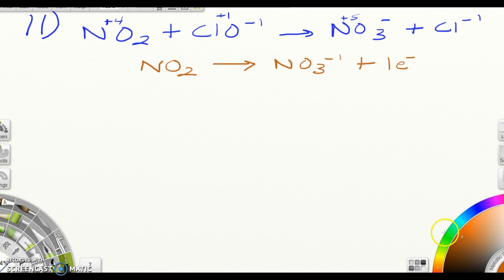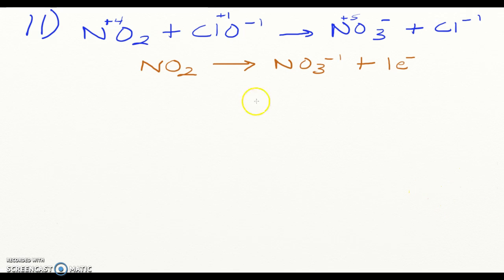Let's change colors. Let's go to blue. Alright, so now let's start with the chloride. So the ClO minus 1, I'm not sure yet how many electrons, so I'm just going to put electron down here. And because it is gaining electrons, the electrons go on the reactant side.